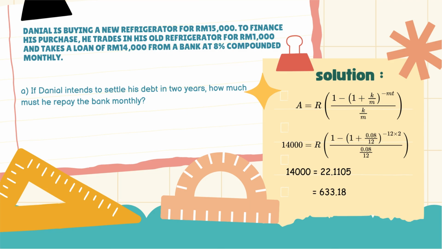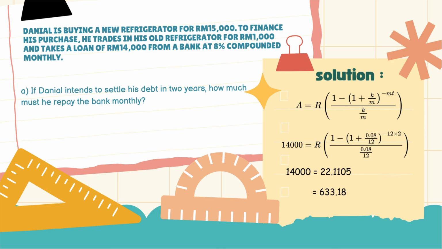So, 14,000 ringgit equal R in brackets 1 minus 1 plus 0.08 per 12 in brackets to the power of negative 12 times 2 per 0.08 per 12.